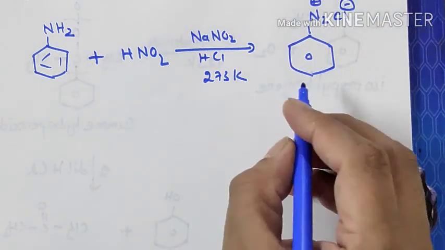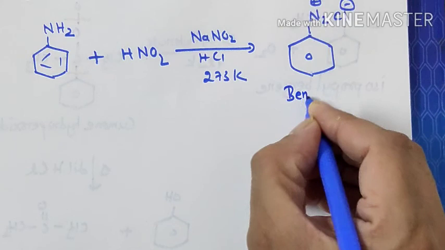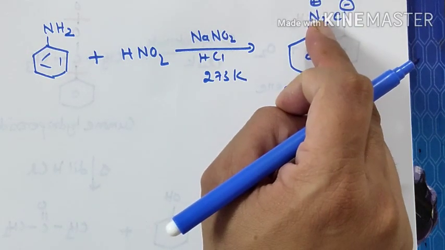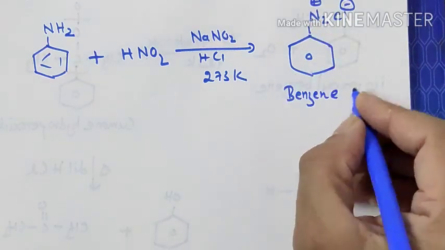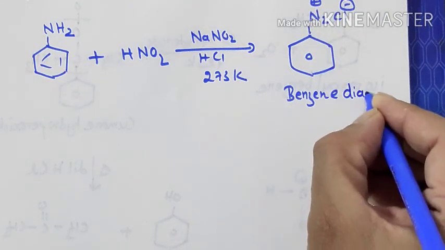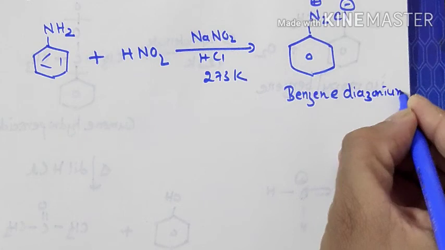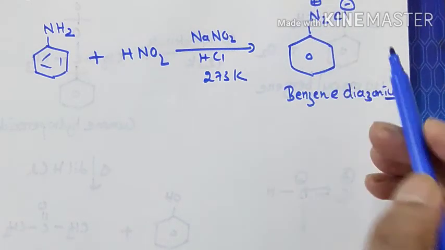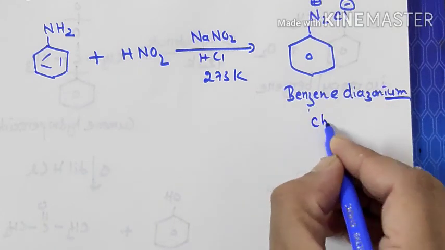This is called benzene diazonium chloride. This is benzene, twice nitrogen is called diazo. So this is benzene diazonium. Why nium, student? Because nium is added when there's a positive charge. So benzene diazonium chloride.